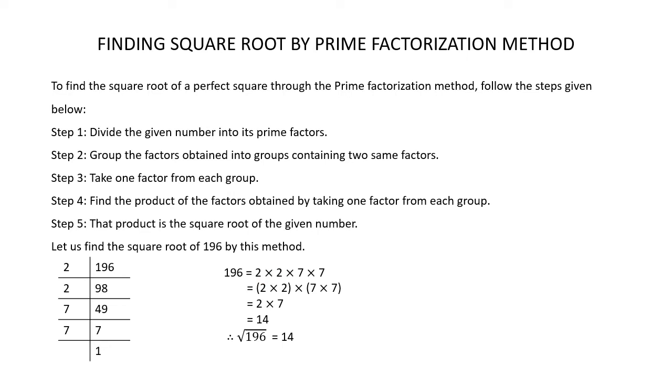So 2 into 2 is one group and 7 into 7 is another group. Take one factor from each group. So you take 2 from this group and 7 from this group. You will get 2 multiplied by 7, which is nothing but 14. So the square root of 196 is equal to 14.